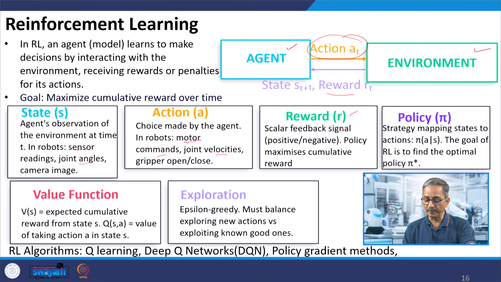The policy is a strategy mapping states to actions, and the goal of reinforcement learning is to find the optimal policy to maximize cumulative reward. Then we have the value function: V(s) is the expected cumulative reward from the state, and Q is the value of taking action a in the state s.